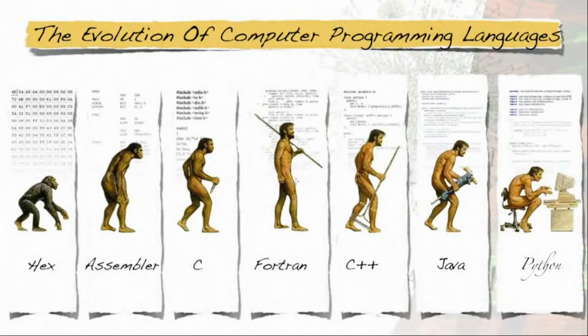You don't have to pay to use Fortran. And then we have C++ and Java, which are the first attempts at wide-scale object-oriented languages. There were other object-oriented languages, but C++ and Java made the term OOP, or object-oriented programming, popular. And lastly, we have Python and its relatives.